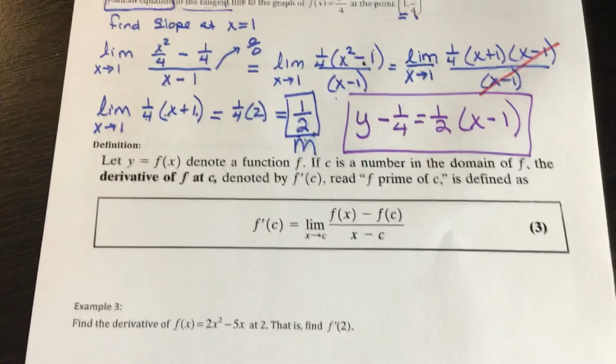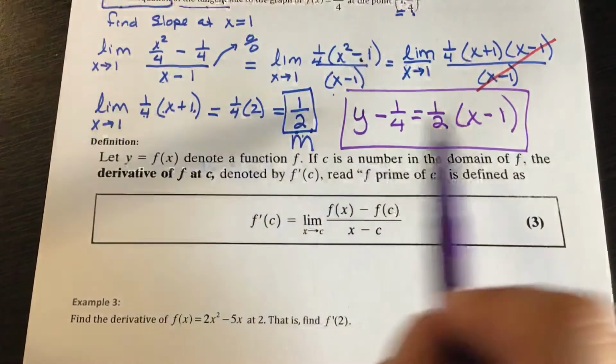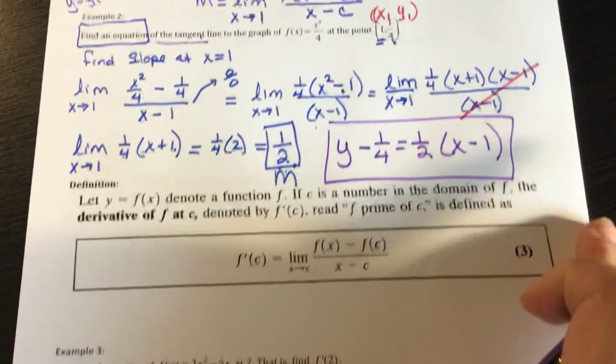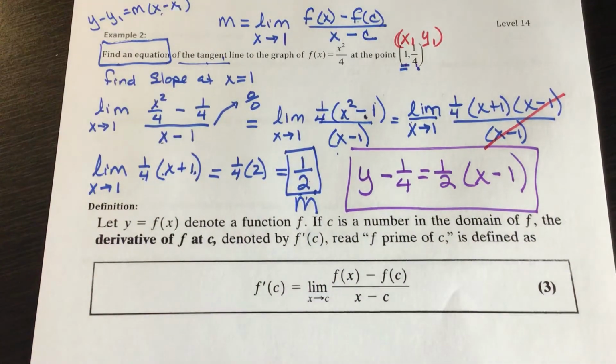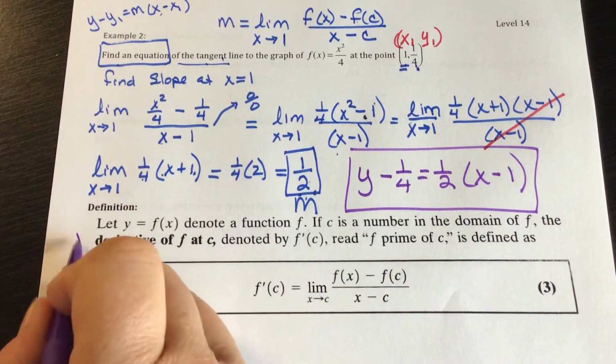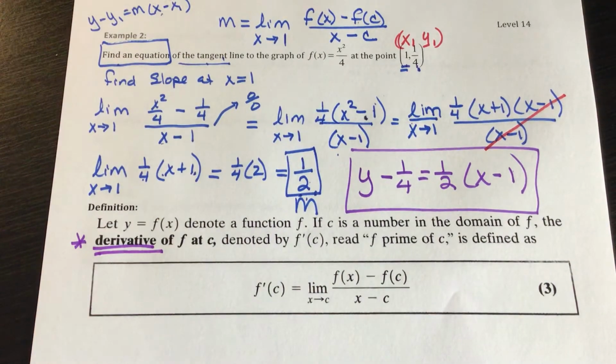Now, if we look at what we're doing, this is really just algebra 1, finding the slope of a line and writing it in point slope form. Okay, relating it to calculus, the slope of the tangent line is called a derivative. And I think calculus has two main parts.